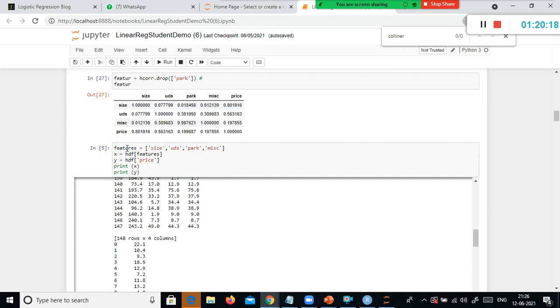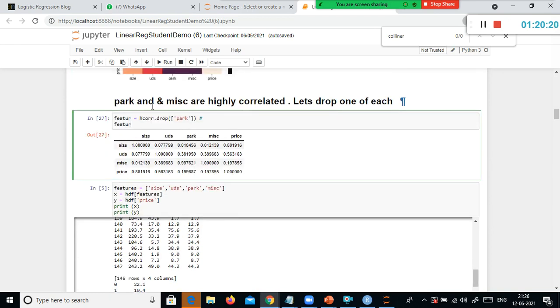And for explanation and training purposes, I included that you can drop the park variable. There is a drop function, you can drop the column, but here I did not specify inplace equal to true. If I specify inplace equal to true, the park column will be deleted permanently. You can probably ignore this line.